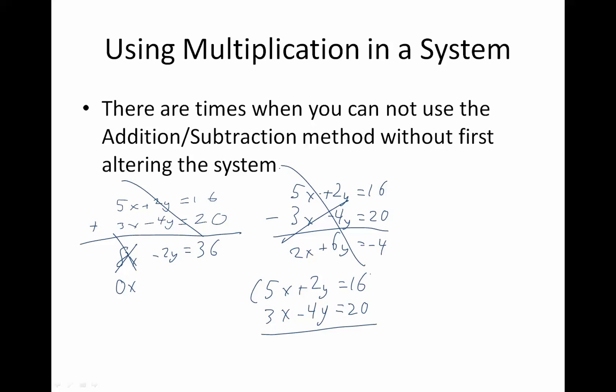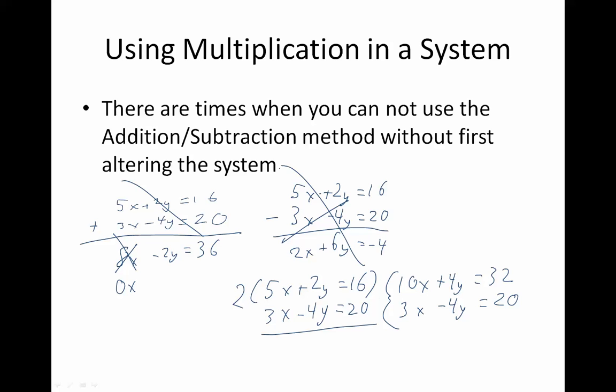Yes, there is. In fact, if I were to take this entire equation and multiply it by 2, I would end up with 10x plus 4y equals 32. And then this would be 3x minus 4y equals 20. Notice how as long as I multiply everything in that equation by the same number, it is the same equivalent equation.